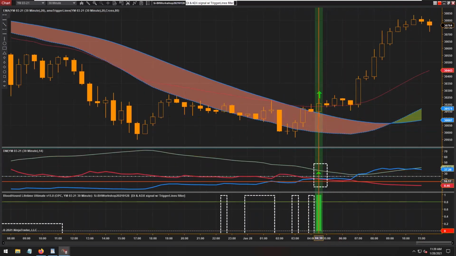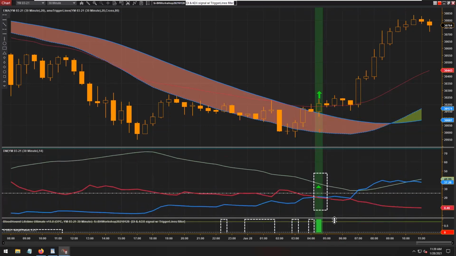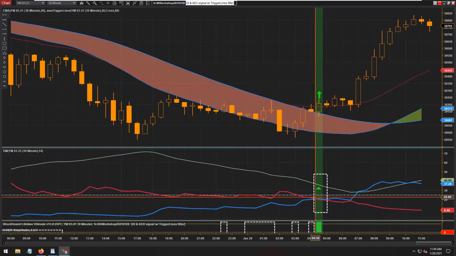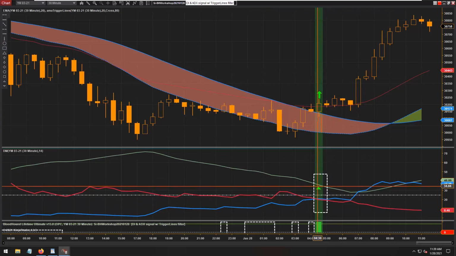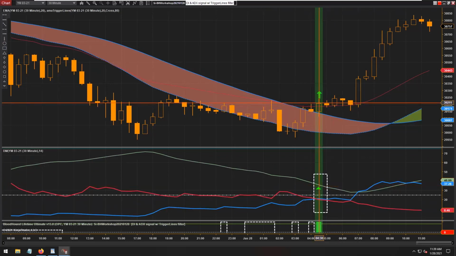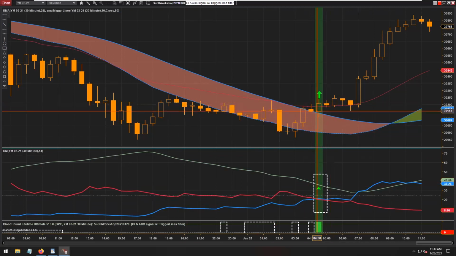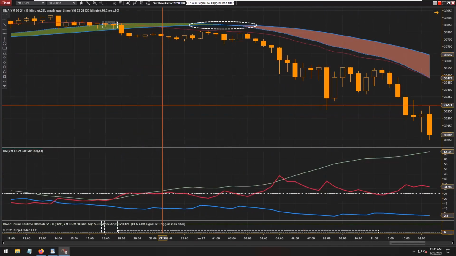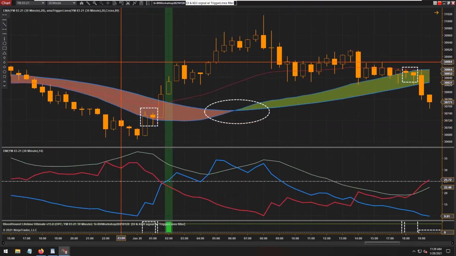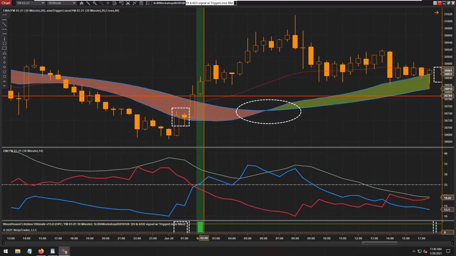Let's shrink this down a little bit. So we have a DI crossover, the ADX is good, and the close is above the trigger lines. And same thing over here.